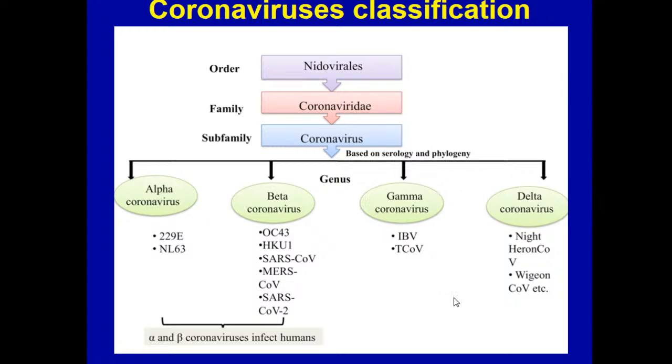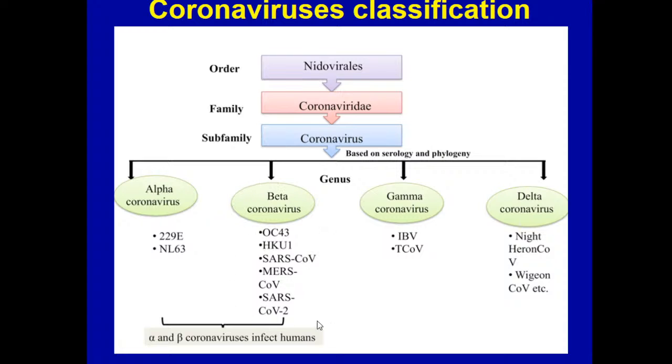We are not interested at all right now. Maybe in future, you never know. But right now, gamma and delta coronavirus don't give rise to the human infections. And all viruses that can cause infections in humans are assigned to the alpha and beta coronaviruses.